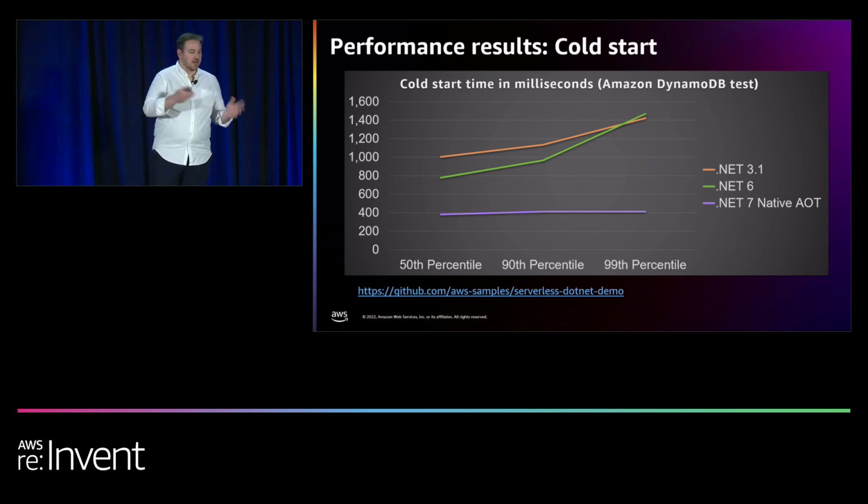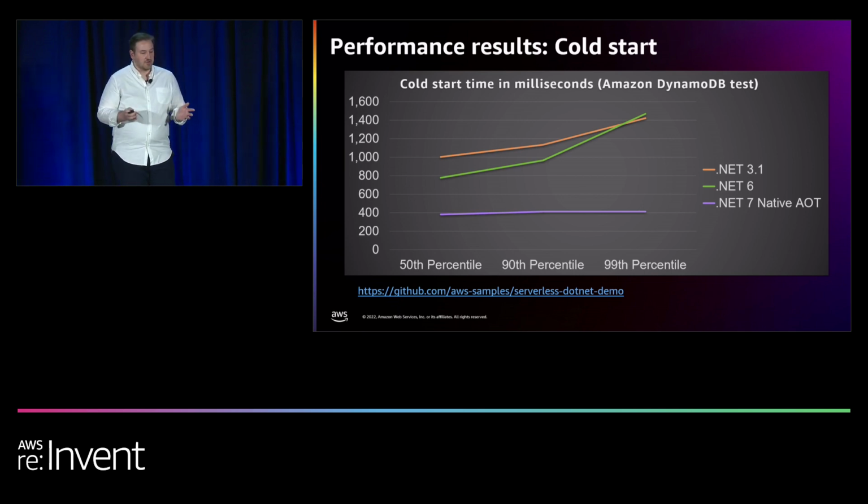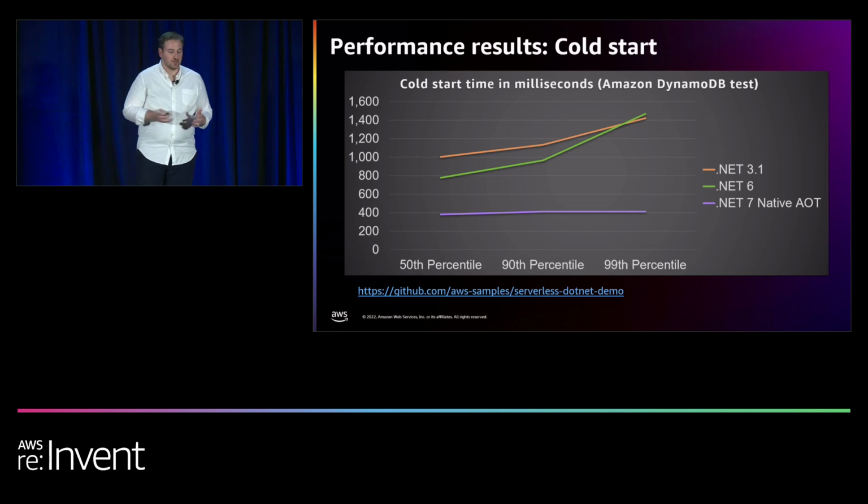So you can see in the median, the 50th percentile case, native AOT beats .NET 6 and .NET 3.1. And .NET 6 is faster than .NET 3.1, and just plain .NET 7 now is even faster than .NET 6. They've made a lot of performance improvements with .NET 7 too, without native AOT.